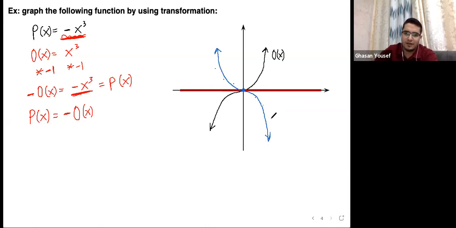The blue one is b of x equal minus times O of x. Any question? Any question for this?